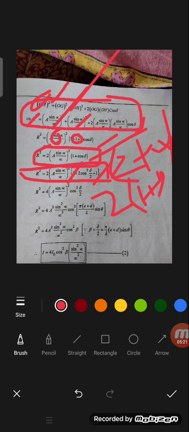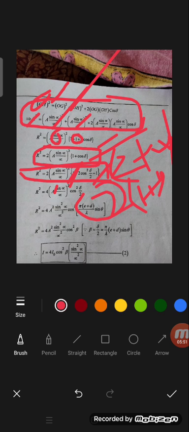R square is equal to 4 A sin alpha by alpha whole square cos square delta by 2. We can expand this: A square sin square alpha by alpha square, then cos square. We know that delta is equal to 2 pi times e plus d by lambda sin theta.